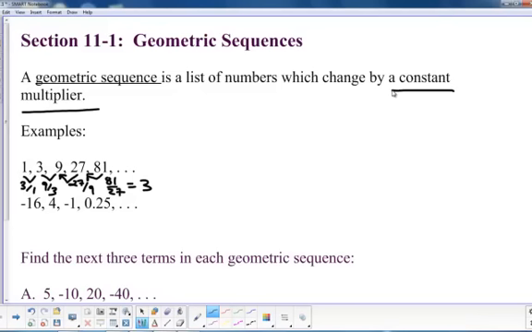So this is a geometric sequence, and we have a constant multiple of 3. In the next one, we could do the exact same pattern, 0.25 divided by -1, -1 divided by 4, 4 divided by -16. Every single one of those gives us 1/4.